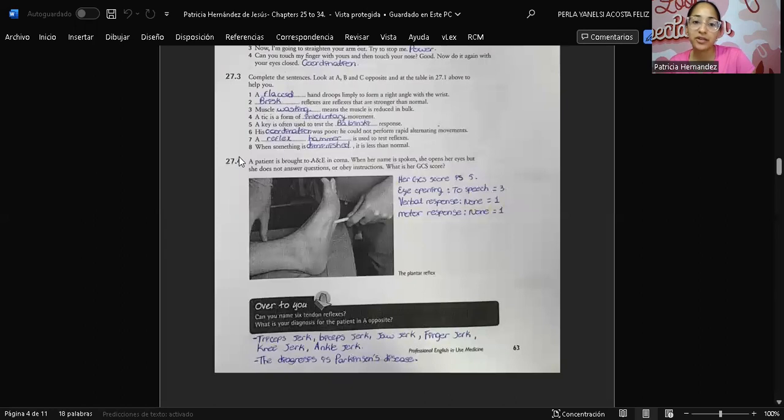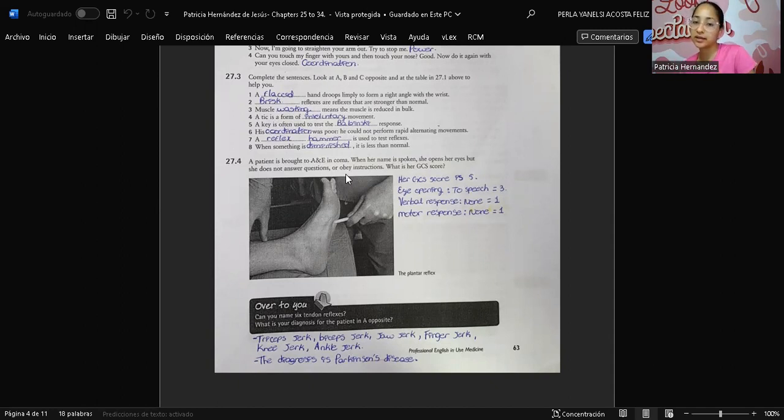27.4. A patient is brought to A&E in coma. When her name is spoken, she opens her eyes, but she doesn't answer questions or obey instructions.